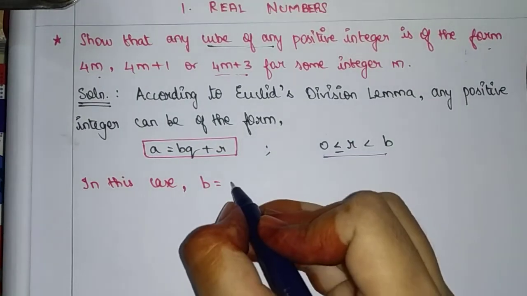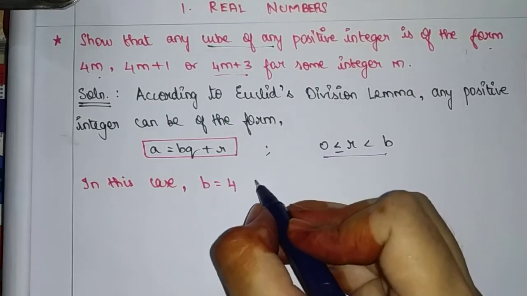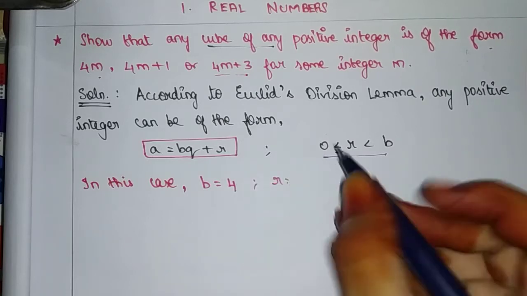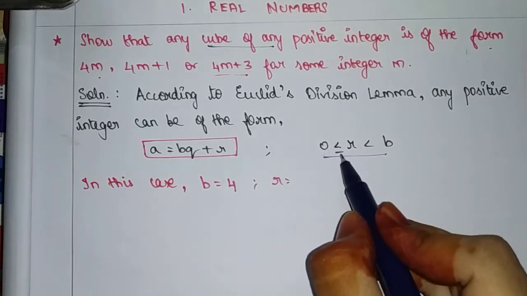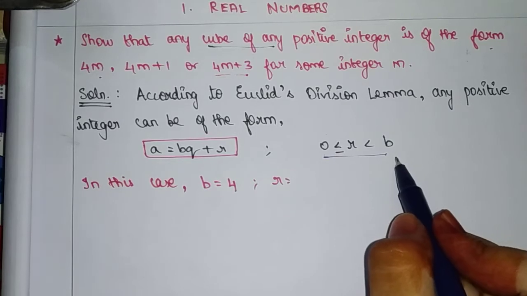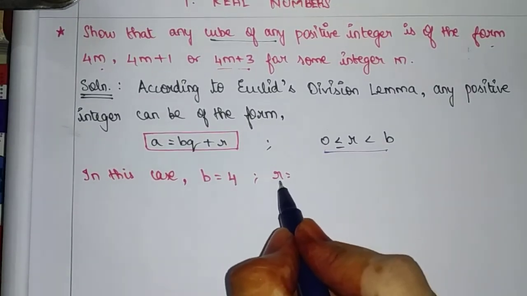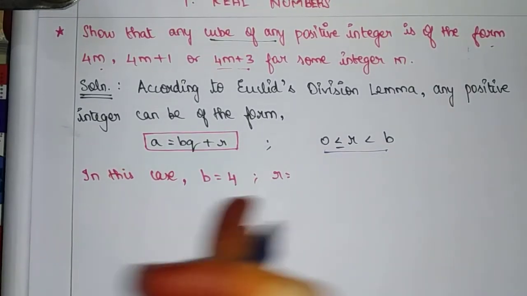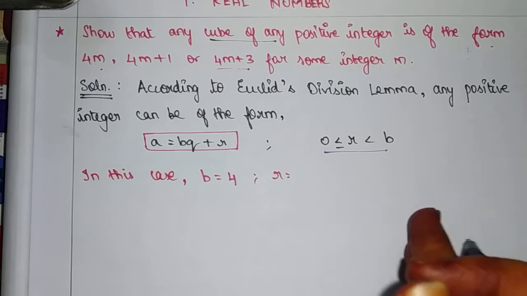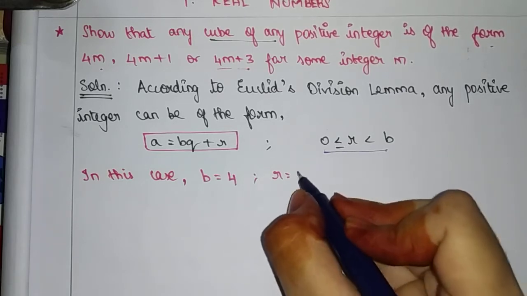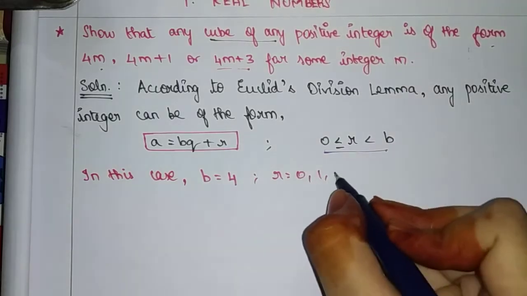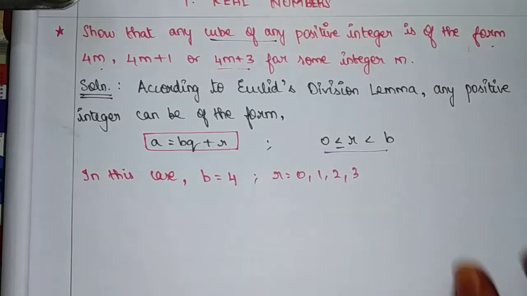So the value of b is equal to 4. And here r is greater than or equal to 0 and less than b. So r will be from 0 to less than 4, that is 0 to 3. So 0, 1, 2 and 3.